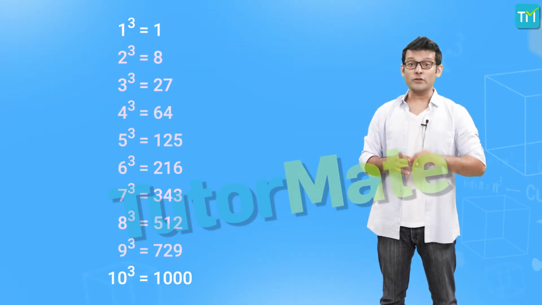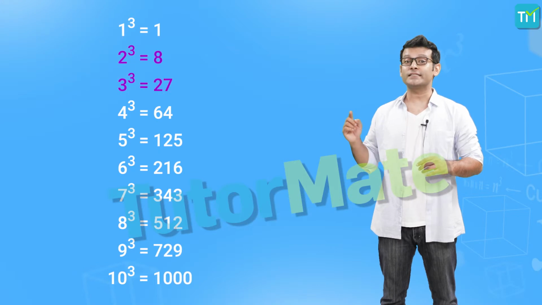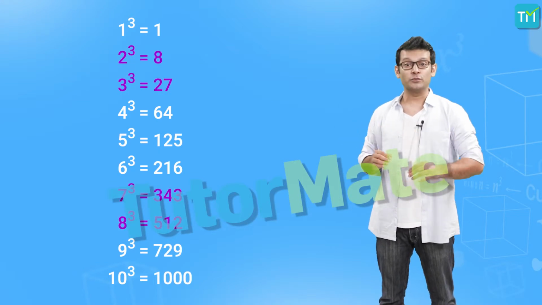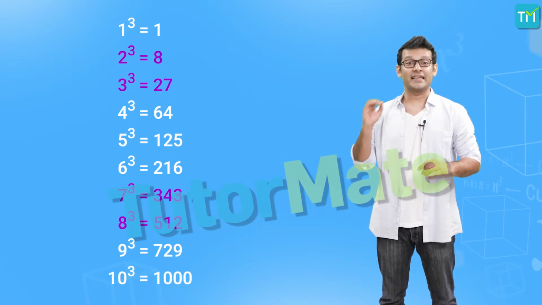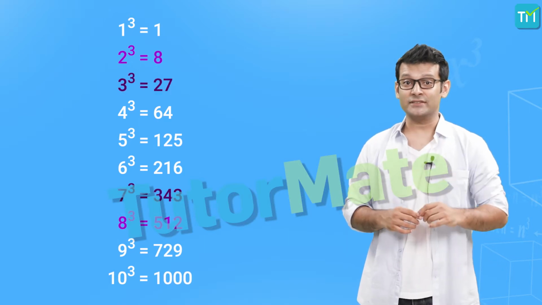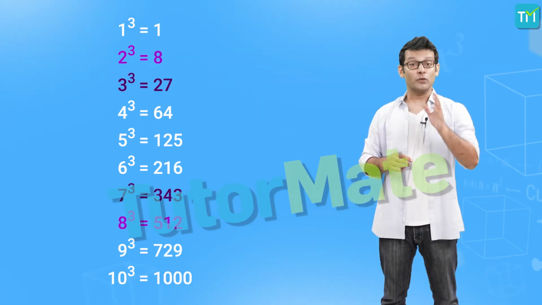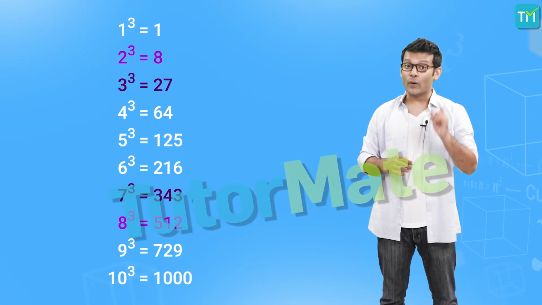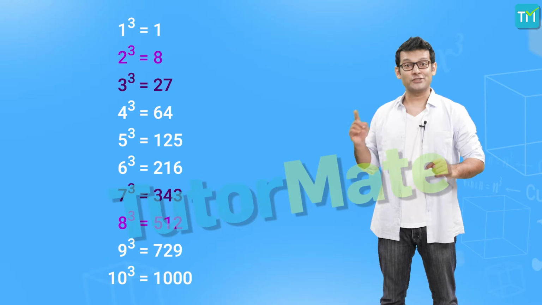So, we know that except 2, 3, 7 and 8, the last digit of every number's cube is same as the number itself. On the other hand, in case of 2 and 8, 3 and 7, it interchanges, which means the cube of 2 ends in 8, while the cube of 8 ends in 2.